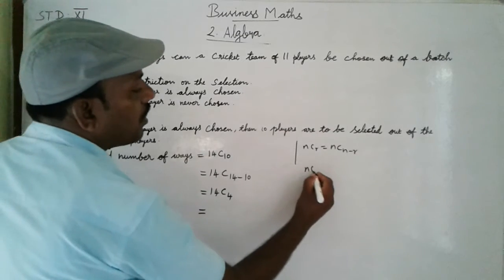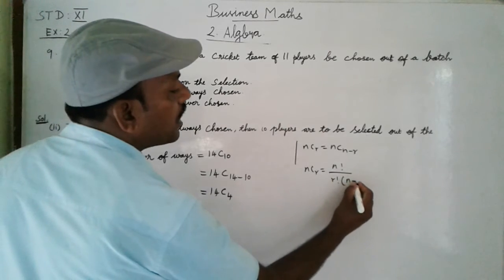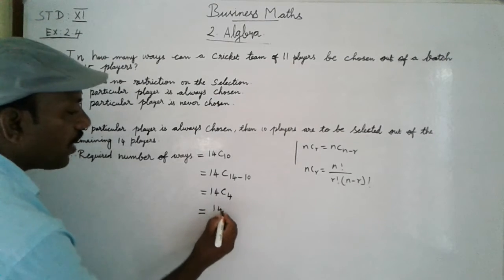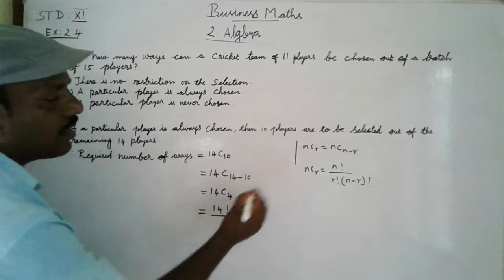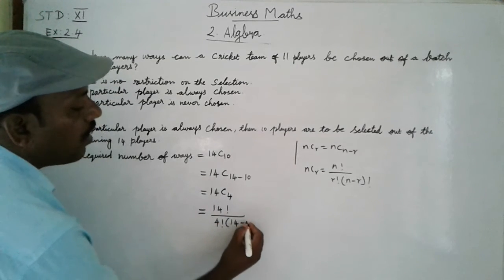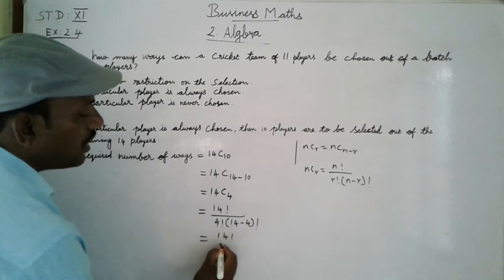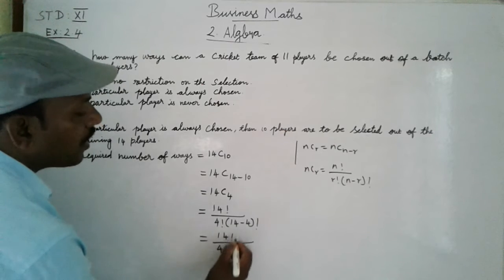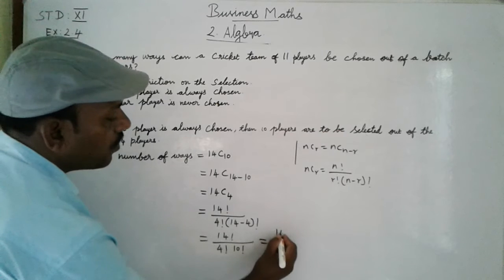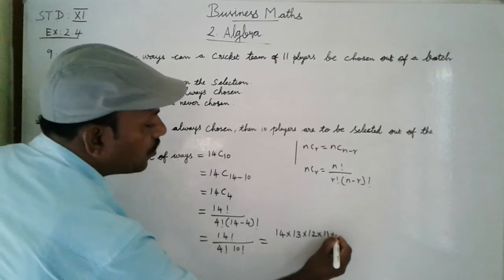We know that the formula nCr equals n factorial divided by r factorial into (n minus r) factorial. So we should substitute this formula here. 14 factorial divided by 4 factorial into (14 minus 4) factorial, equal to 14 factorial divided by 4 factorial into 10 factorial, equal to 14 into 13 into 12 into 11 into 10 factorial.